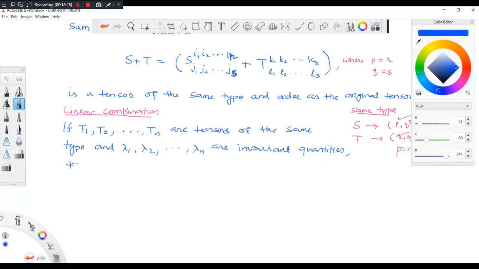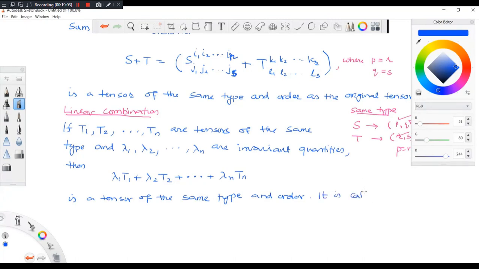Then lambda 1 T1 plus lambda 2 T2 plus etc. plus lambda n Tn is a tensor of the same type and order. It is called the linear combination.